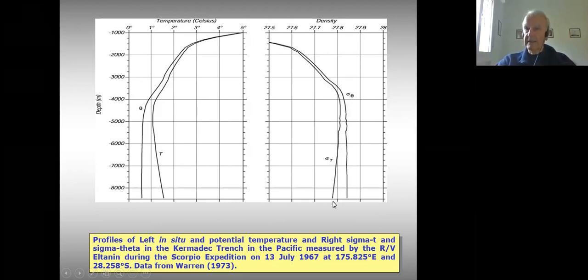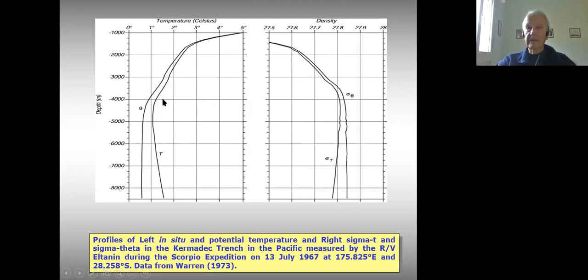As I told you the day before yesterday, by using the in situ temperature, at a larger depth we obtain instability. Instability, why? Because the deeper layer density is lower than the upper layer density. This is not possible in the ocean because it mixes very quickly.